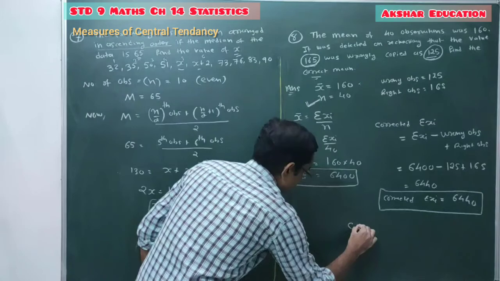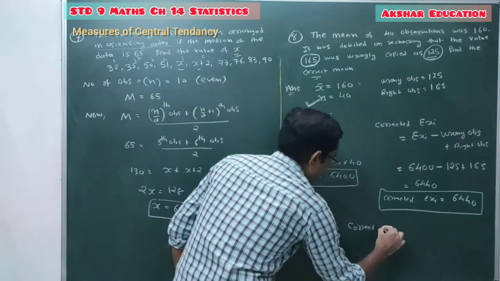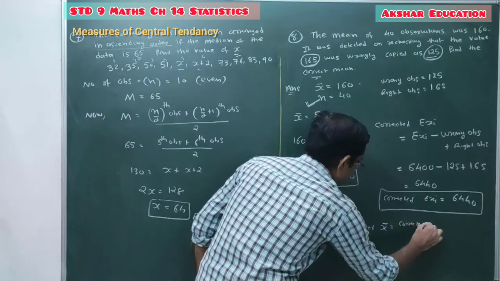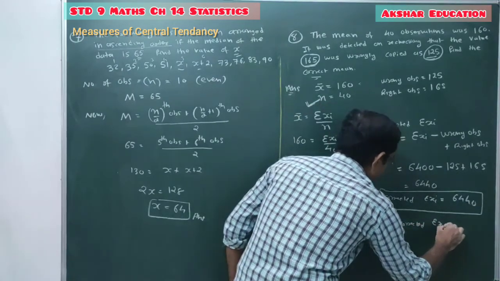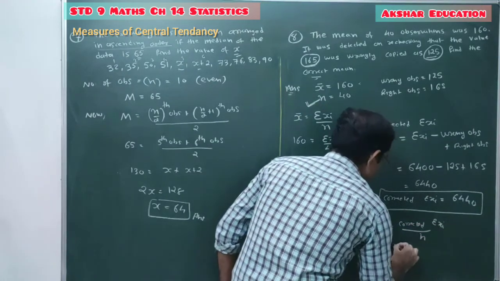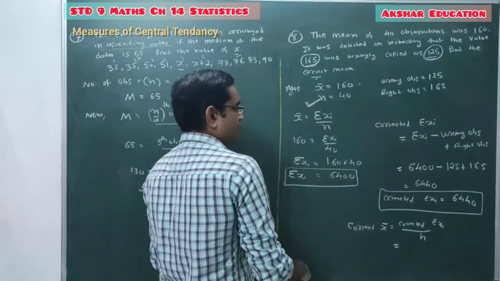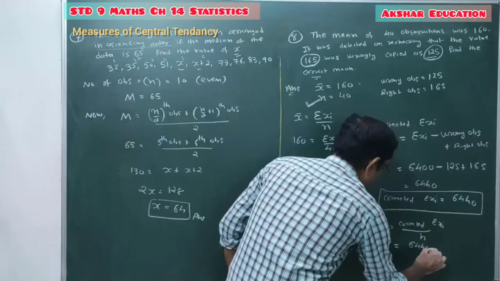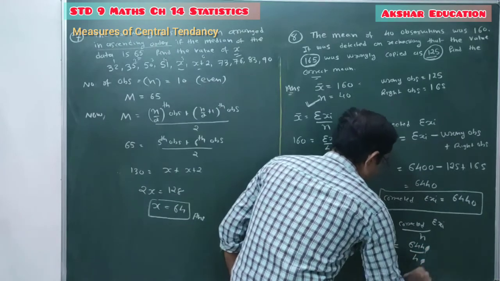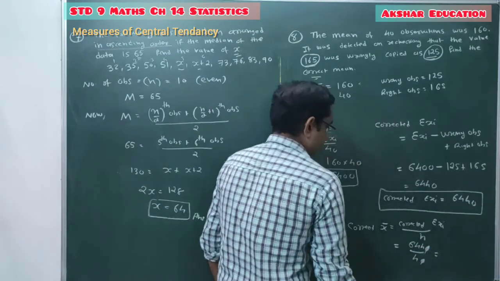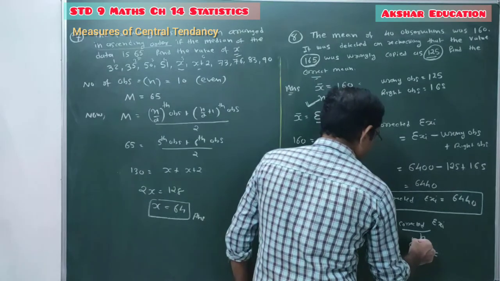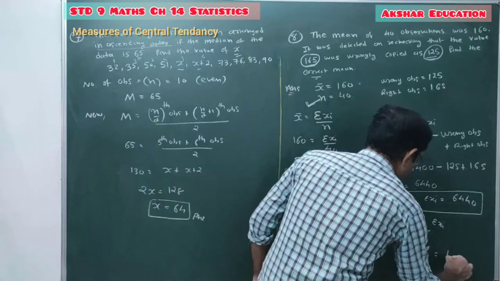Therefore our correct mean is the corrected sigma xi divided by the number of observations, which we took as 40. So 6440 divided by 40 is 161.